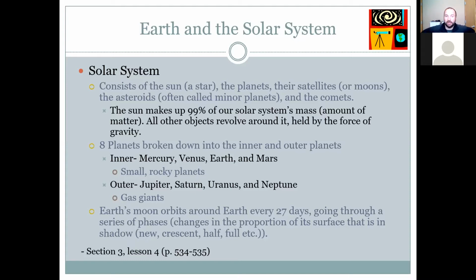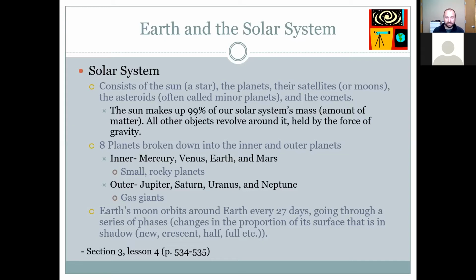The inner planets, we refer to them as the rocky or solid planets. In other words, they're made up of solid rock, and they are relatively small when we compare them to the outer planets. So that would be Mercury, Venus, Earth, and Mars. Those 4. All right.